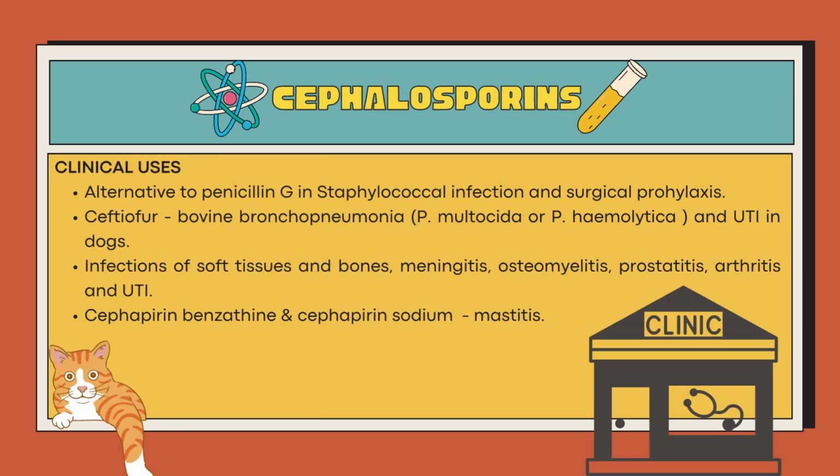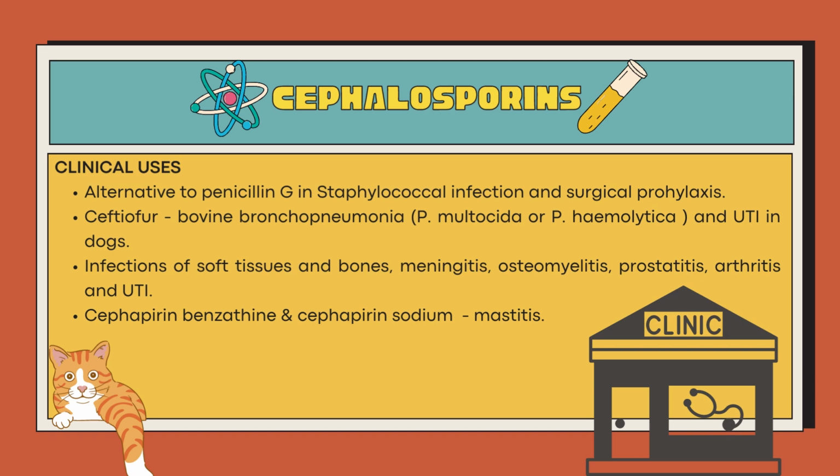Now, moving on to the clinical uses of cephalosporins, first-generation cephalosporins are used as alternatives to penicillin G in staphylococcal infection and for surgical prophylaxis. Ceftiofur is specifically used in bovine bronchopneumonia caused by P. multocida or P. haemolytica and in urinary tract infections in dogs.